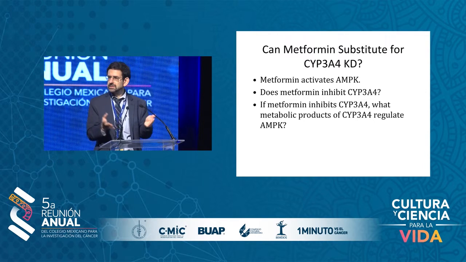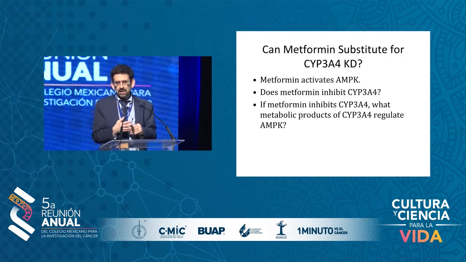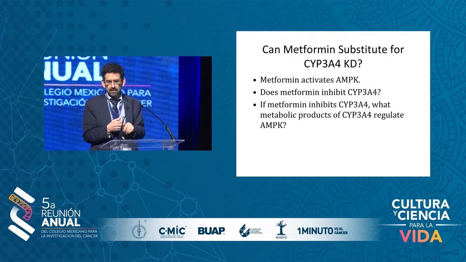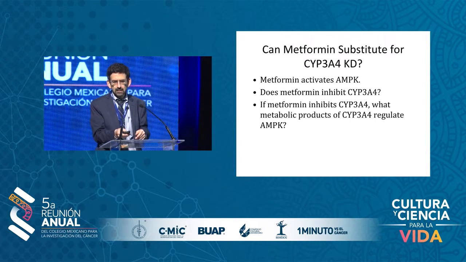And so the cells are basically being pickled in metformin, and our patients don't get dosing that anywhere approaches what we're using in tissue culture, and probably not even in animal studies. And so the question then was, does metformin inhibit CYP3A4? And if it does, what metabolic products of CYP3A4 are regulating AMPK?